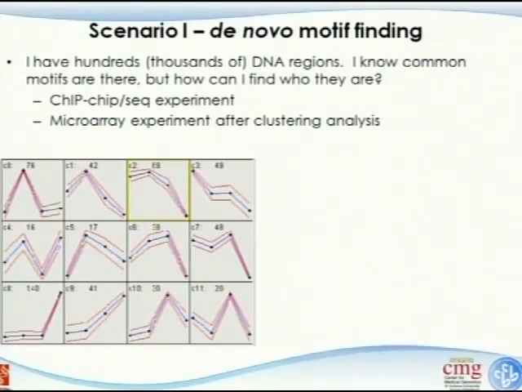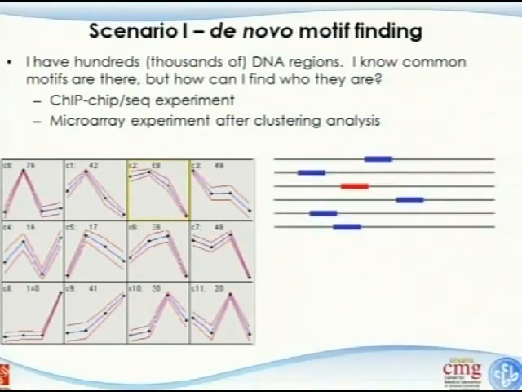Most people at this stage will look at their promoter regions to see whether there are some common motifs in those regions or not. So this is one scenario. But for our scenario, these are the sequence regions we identified based on ChIP-seq, and then we want to find out whether there are some enriched motifs in those regions.